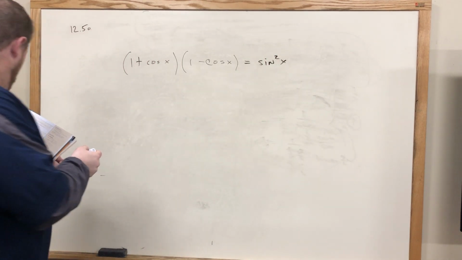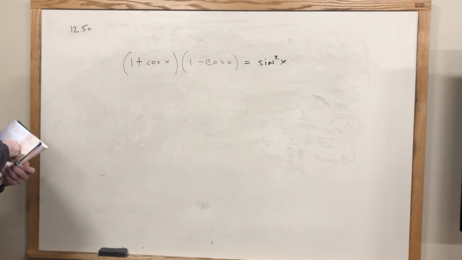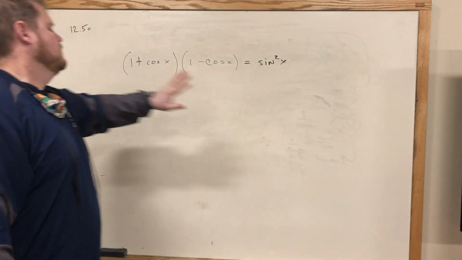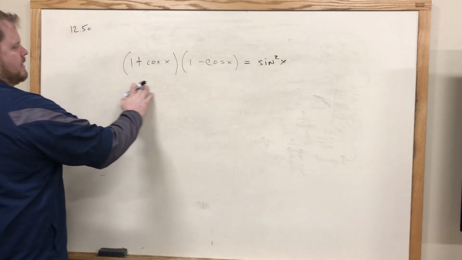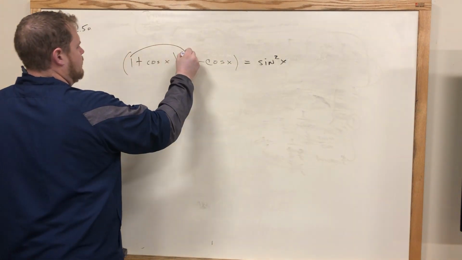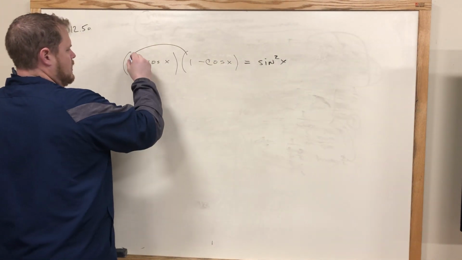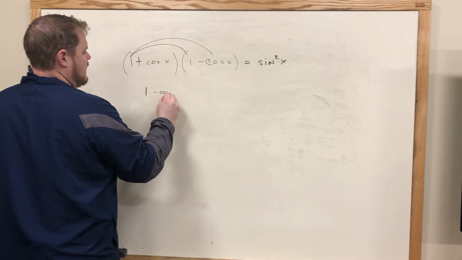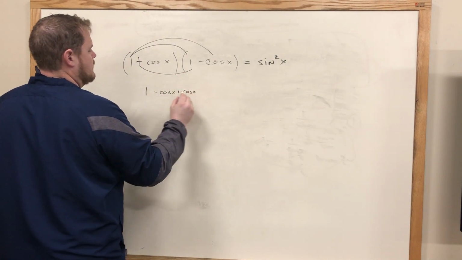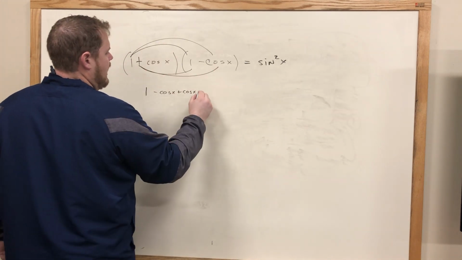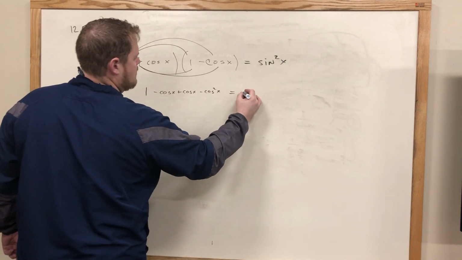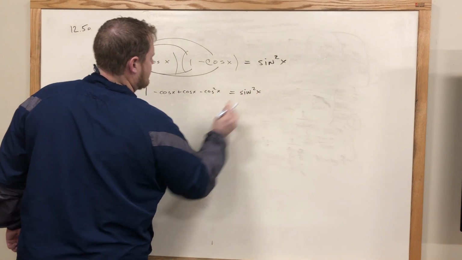Once again, let's keep the side that has one thing and manipulate the other side. When you see a problem like this, we have to do what's called FOIL. First, 1 times 1 is 1, minus cosine x plus cosine x, minus cosine squared x, all equals sine squared x.